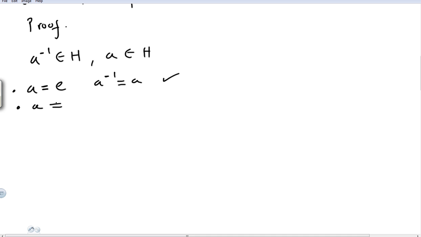Now, if A is different from the identity, we are going to consider the sequence A, A squared, A cubed, etc. But H is finite, right?